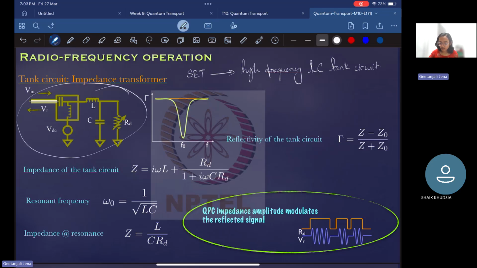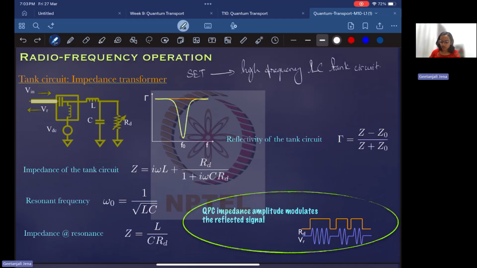From this figure, you can see that we are integrating the SET to a high frequency LC tank circuit. Instead of measuring the current to sense the charge, what we do in the RF SET is measure the reflected power through this transmission line.